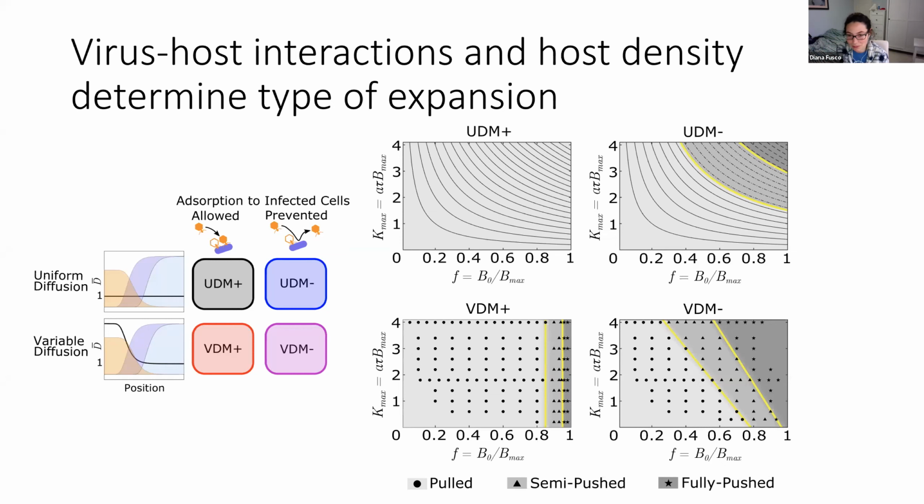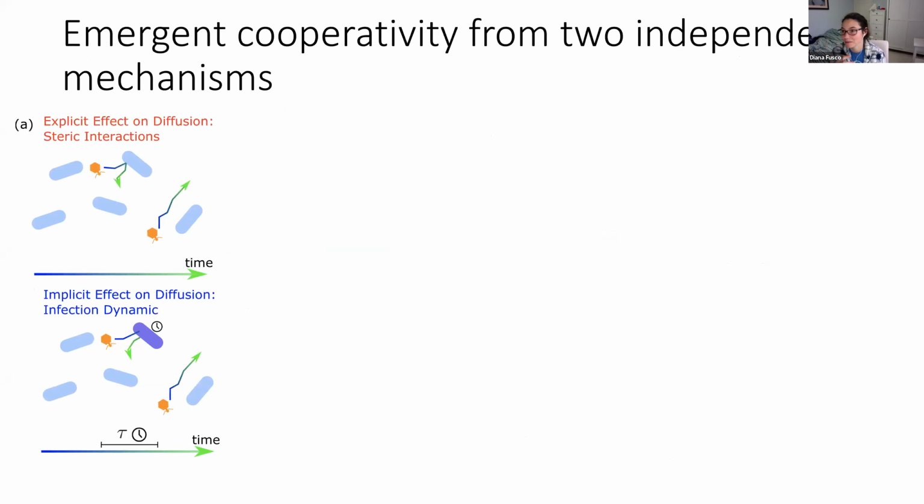Well, the reality is that there are actually two mechanisms, very different in origin, that generate this variable density-dependent diffusion. One is this explicit effect that I described at the beginning, due to simple steric interactions. So the more hosts we have, the more difficult it will be for a phage to disperse through this crowded environment.